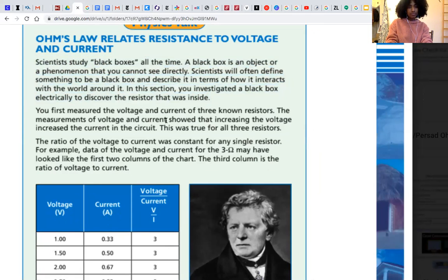Paragraph 2. Highlighting. There we go. You first measured the voltage and current of 3 unknown resistors. The measurements of the voltage and current showed that increasing the voltage increased the current in the circuit. This was true for all 3 resistors.